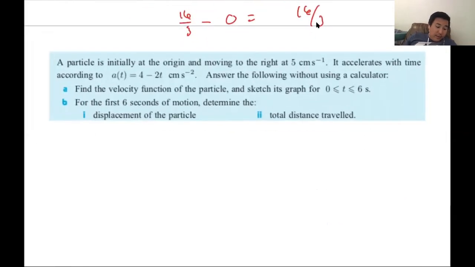The particle is initially at the origin and moving to the right at 5 centimeters. So the initial position is the origin, so s of 0 is equal to 5. So keep that in mind. The acceleration according to time is blah. Sorry, v of 0 equals 5.